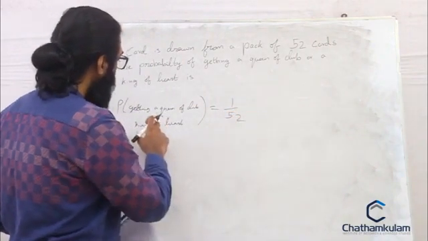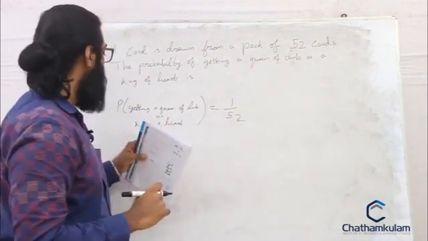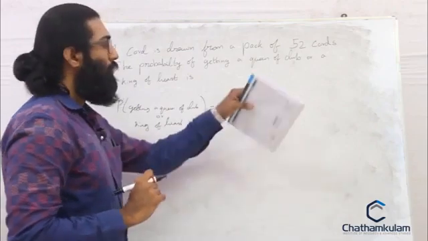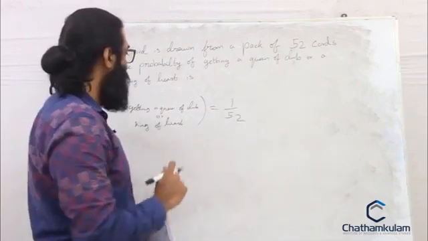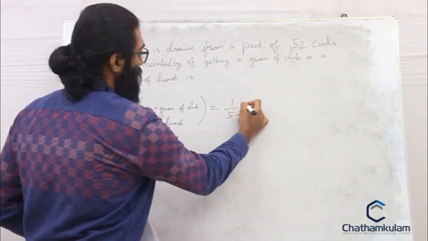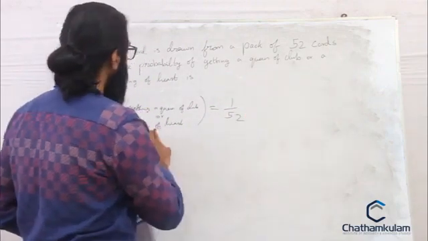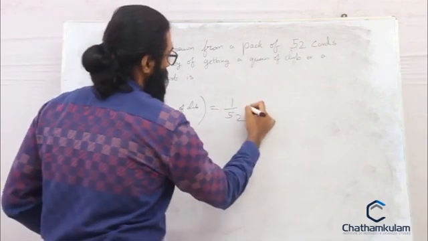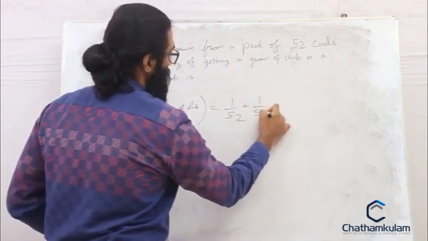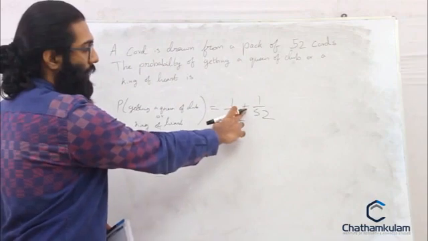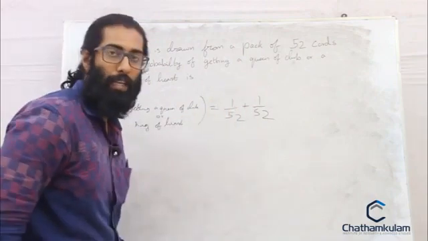We also have or king of hearts. What is the probability of getting a king of hearts from 52 cards? It's 1 by 52, right? So 1 divided by 52 is the probability of getting a king of hearts. Why do we put a plus symbol here?